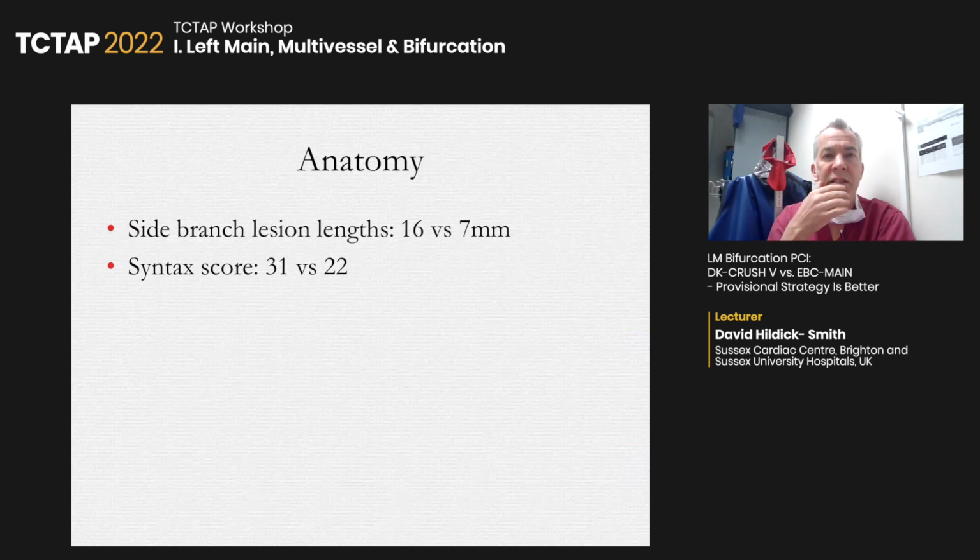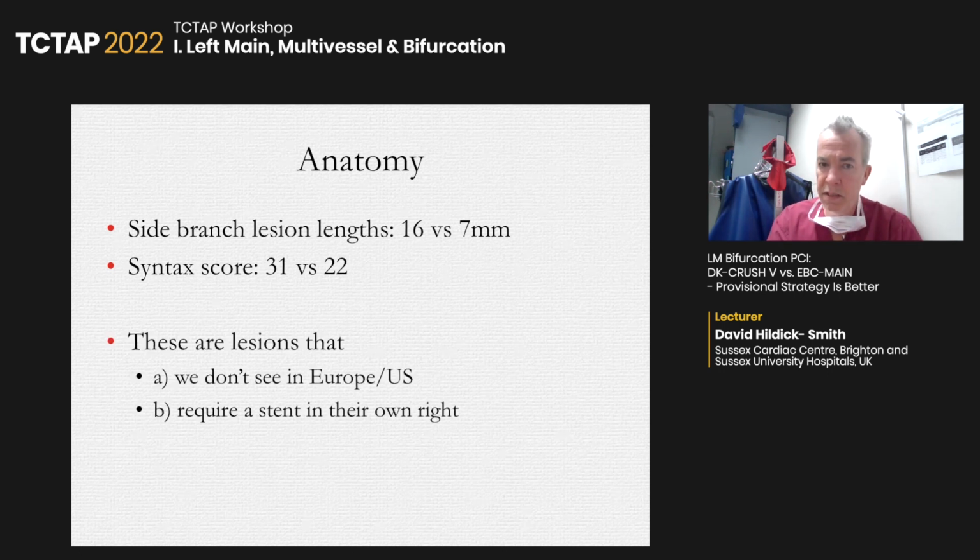this trial. Having said that, in many respects, the 2 studies are complementary and had different populations. The side branch lesion length in DK CRUSH-V was an average of 16 millimeters. That's really long, whereas in EBC MAIN it was 7. Similarly, the SYNTAX score was 31 in DK CRUSH versus 22. So these are quite different populations in some respects.